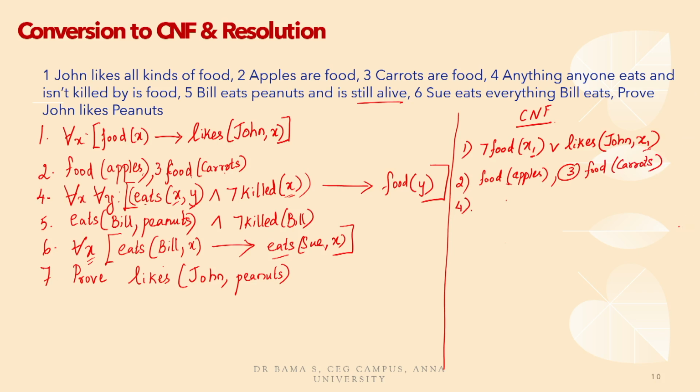Fourth, eats of x y. So, when we convert into CNF, that would be not eats of x y, and this would be a big bracket, and not killed of x or food of y.